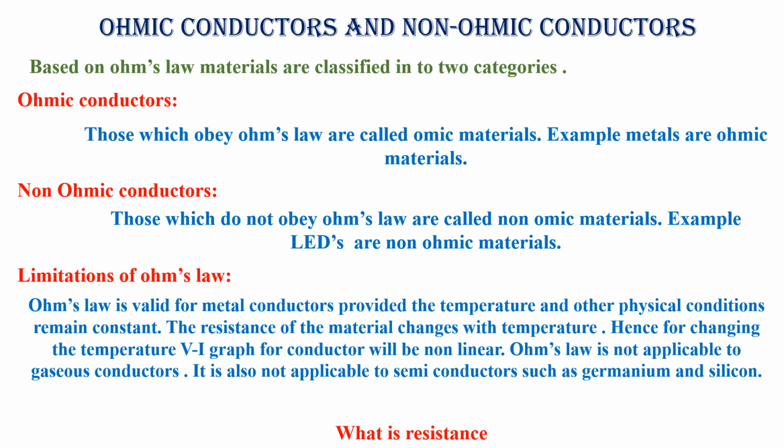Hence, for changing temperature, the V-I graph for the conductor will be non-linear. As I told you, for the LED the graph is non-linear. So, Ohm's law is not applicable to gaseous conductors. It is mostly applicable to metals. It is also not applicable to semiconductors such as germanium and silicon.